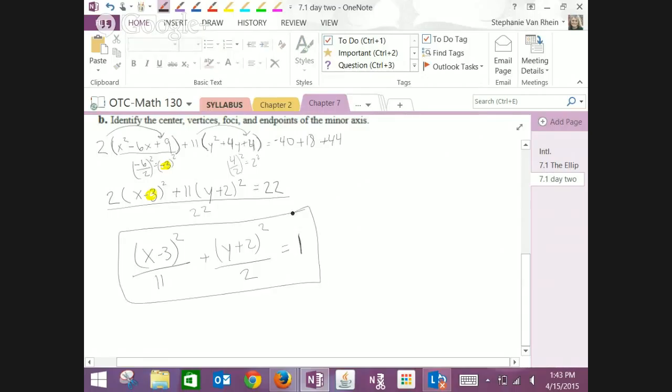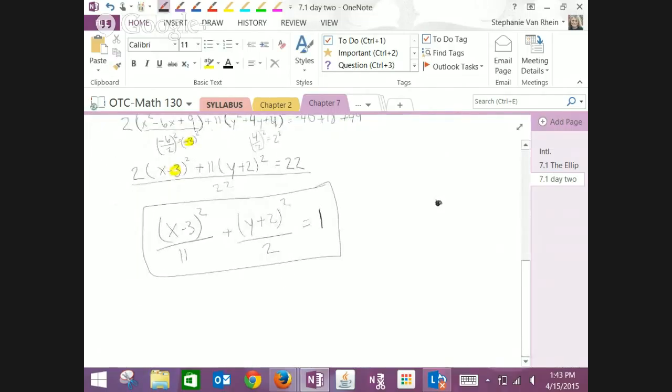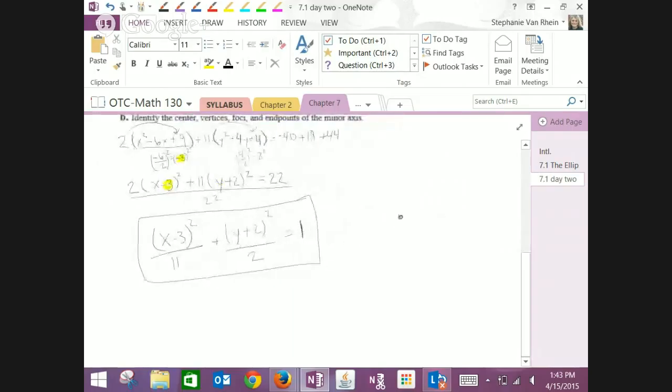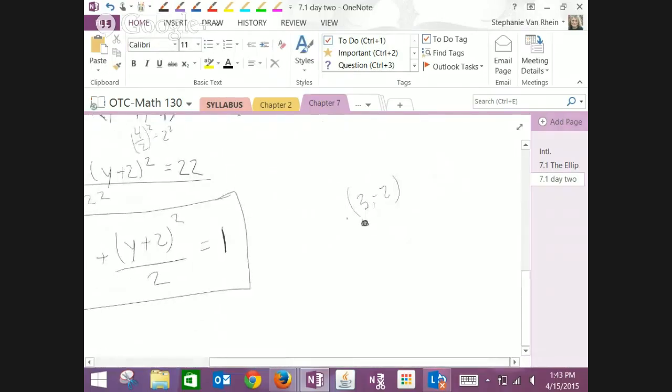So now that I have it in standard form, I can find my center, which would be 3, minus 2. So if I come out here, this point is 3 comma minus 2.